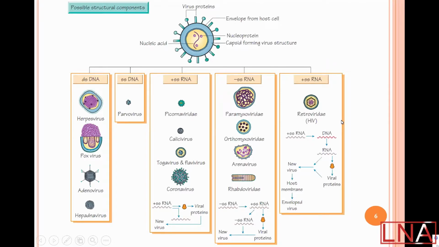Retro because of reverse: the virus directs synthesis of DNA from an RNA template, whereas the pox viruses are named for the disease cowpox caused by one of its members, the pox virus here. So, as you see, a virus is primarily classified by its genetic material, but also, as I said, by structure.